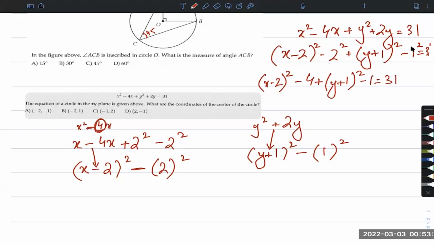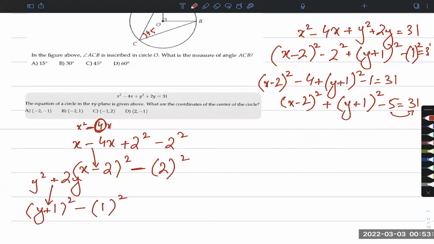This is minus 1, because the square is on the 1, not on the negative. So that gives me x minus 2 whole squared plus y plus 1 whole squared minus 5 equal to 31. I'll bring this minus 5 here. So this leaves me with x minus 2 whole squared plus y plus 1 whole squared is equal to 36.